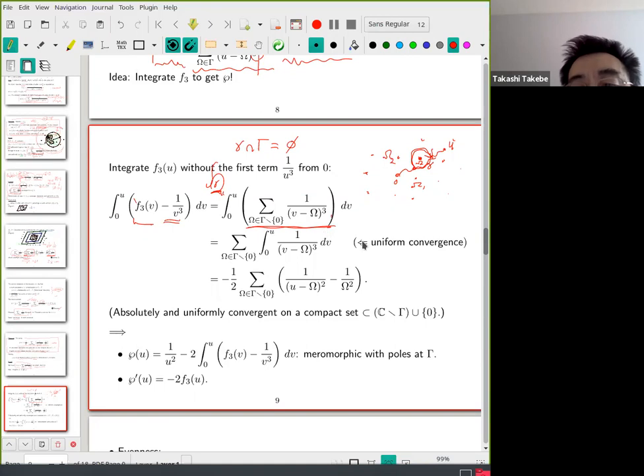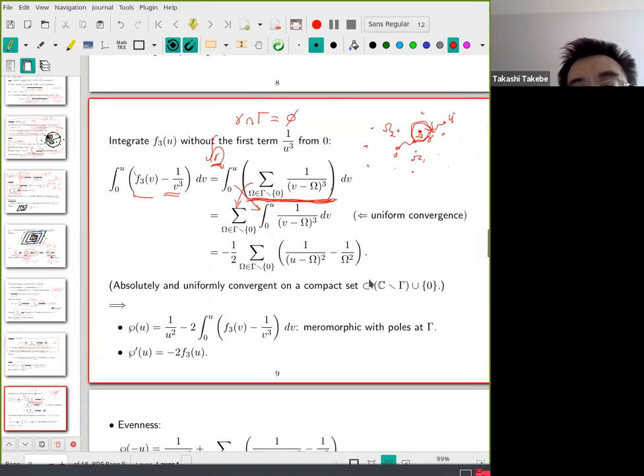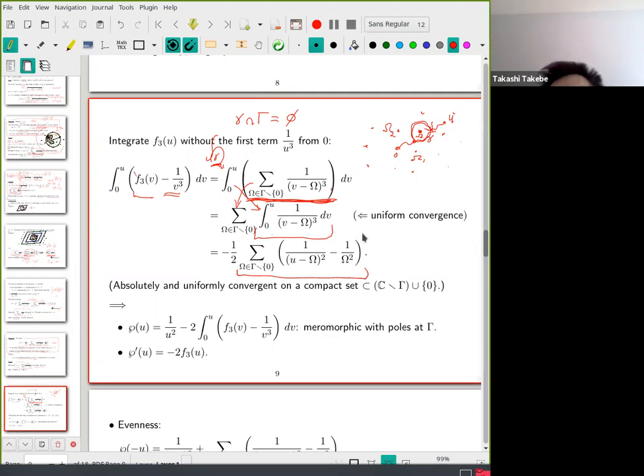Okay, so as we saw, this sum is absolutely and uniformly convergent, so we can change the order of sum and integration like this, and this is equal to this. It is an exercise for high school students.